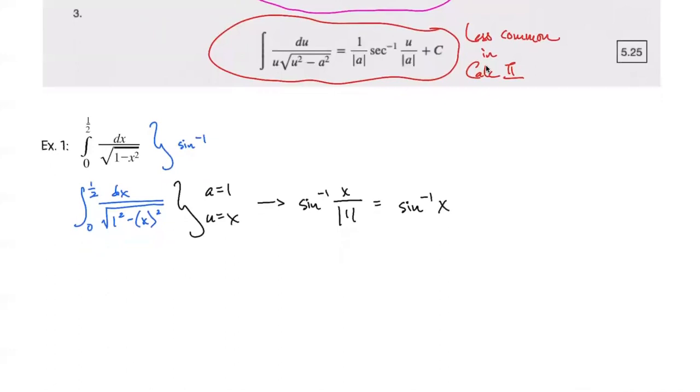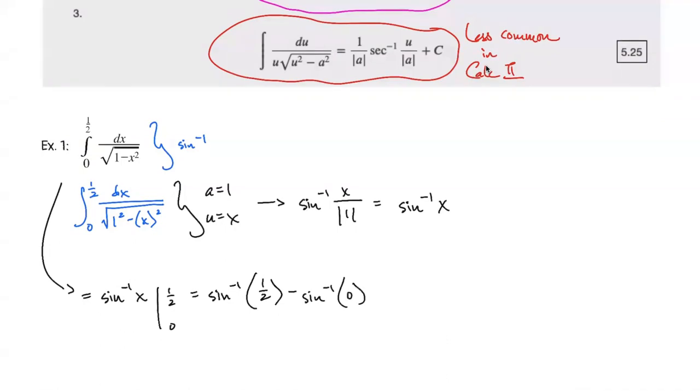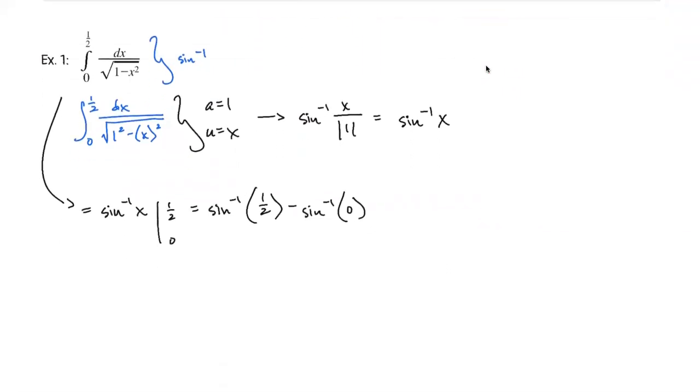The second part is I'm going to need to plug in my bounds. And so this is really, I think, the exercise in this question: if I have my inverse sine of x, I plug in 1/2, I plug in 0, right? And so I want to be really explicit about what this inverse sine part is asking us.